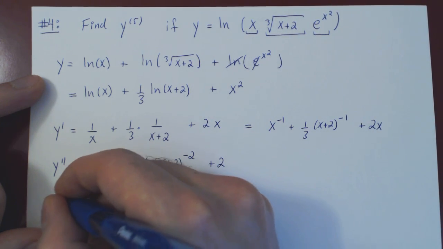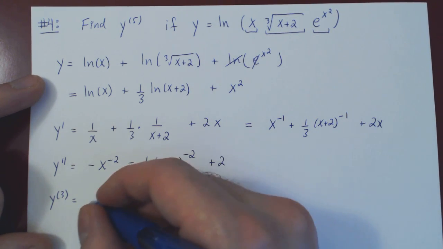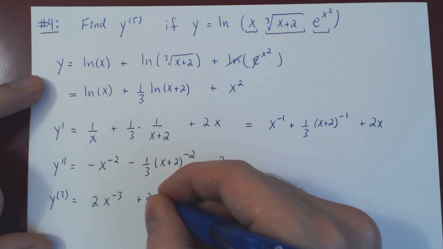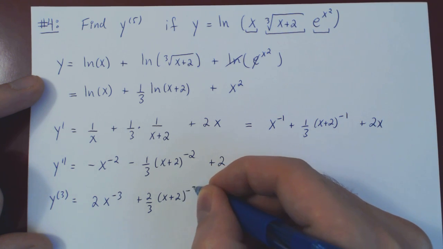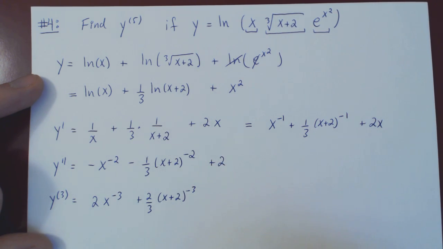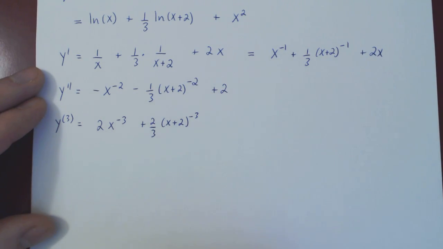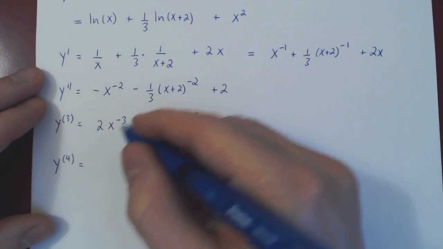Third derivative, power rule again every time. Derivative of 2 is 0. And here's our third derivative. Let's keep going. Differentiating this gives us the fourth derivative. Power rule again.